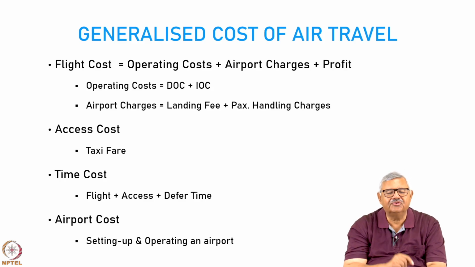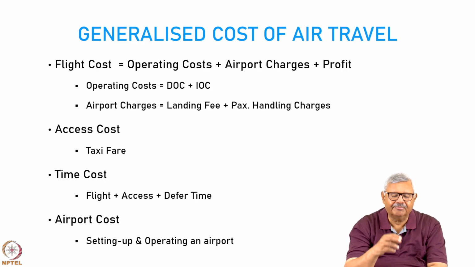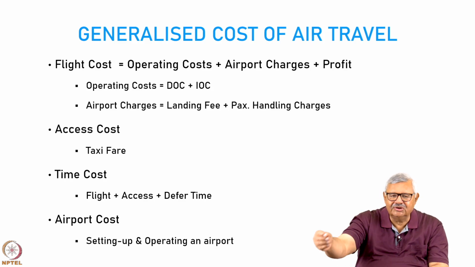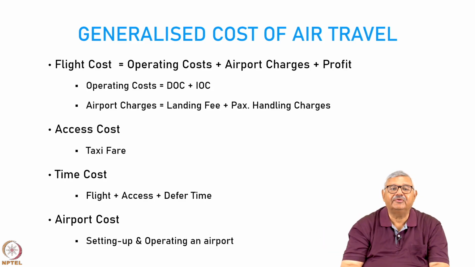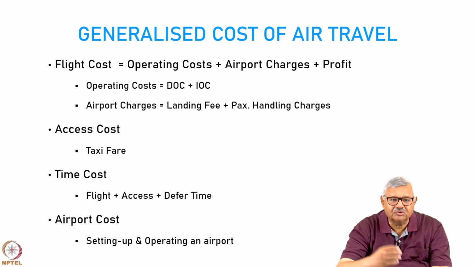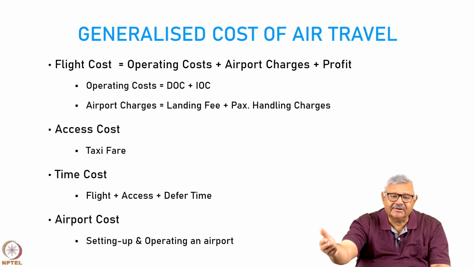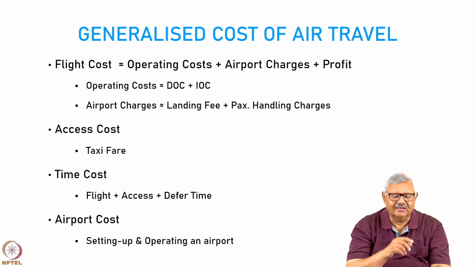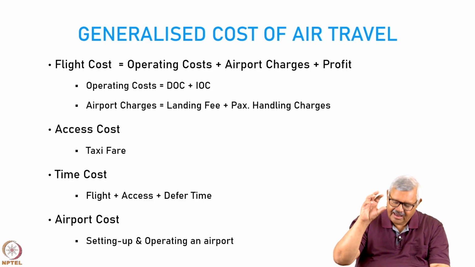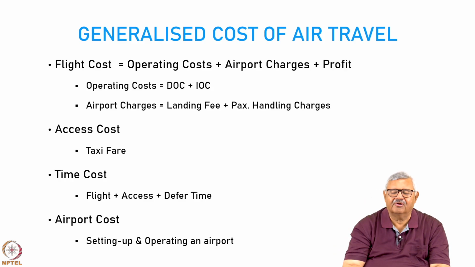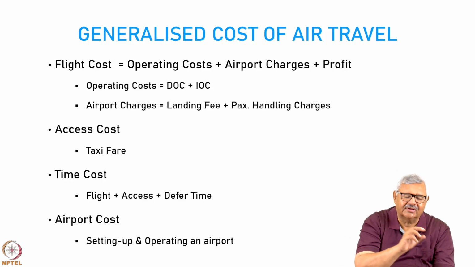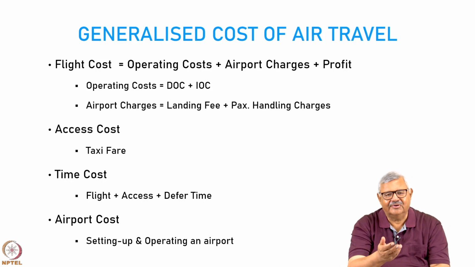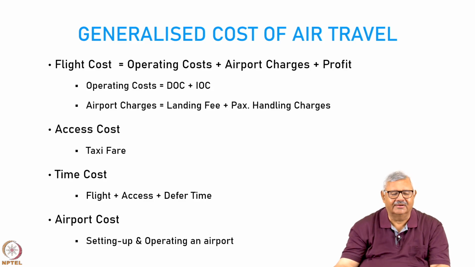So, this study assumes that we are now setting up the air transportation especially from one established city to one new city, and we are trying to figure out what kind of aircraft to operate and what will be the required airport. So, in this study we assume that the destination does not have an airport. So, we have to incorporate the costs of setting up and operating an airport that is suitable for the kind of air transportation service we are planning to provide.